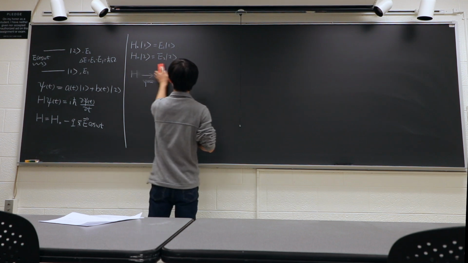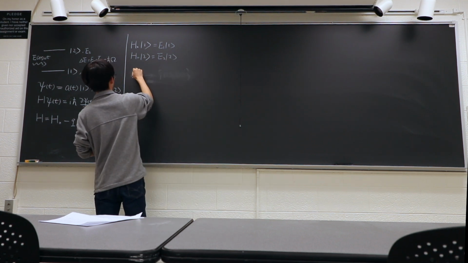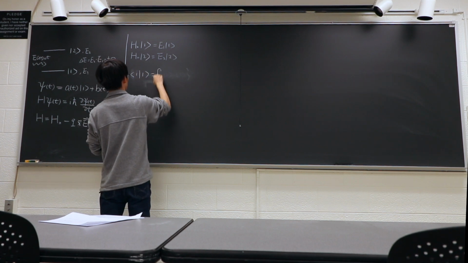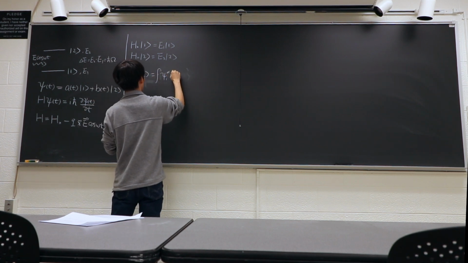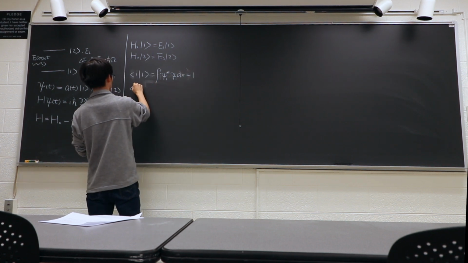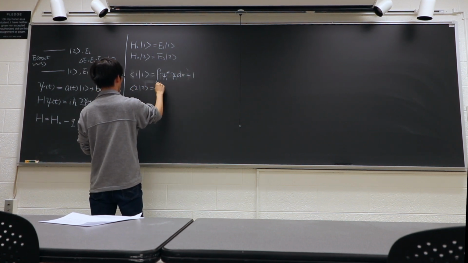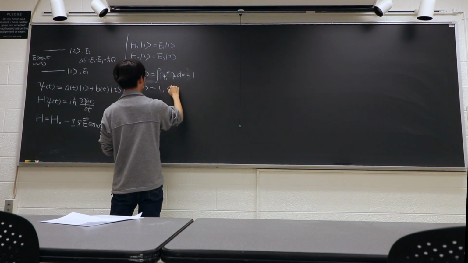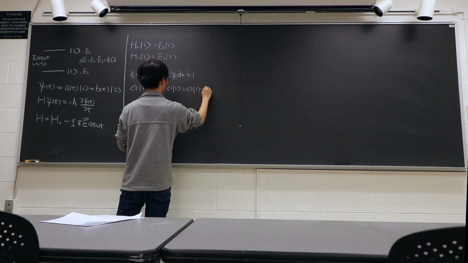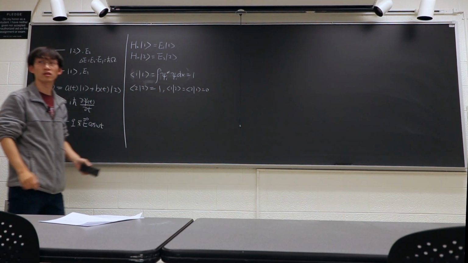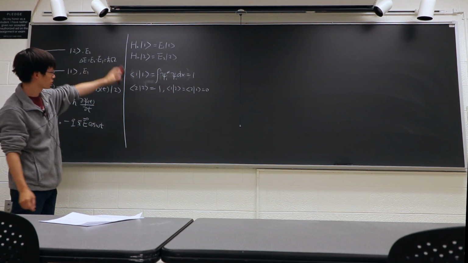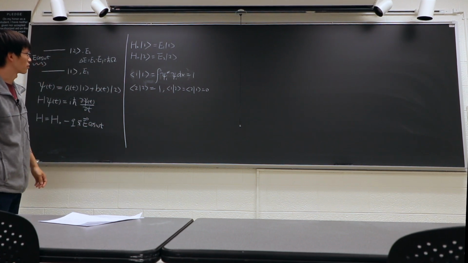One more thing I want to cover here is if you do the inner product of 1 with 1, this one is 1, and this is also 1. Okay, the orthonormal condition. It's something common for all quantum mechanics problems.